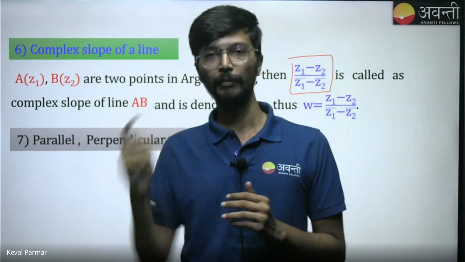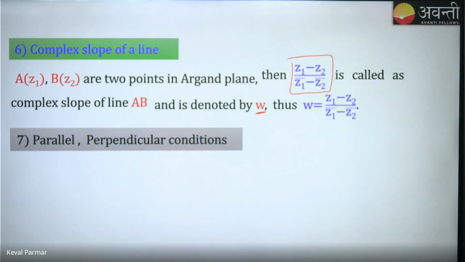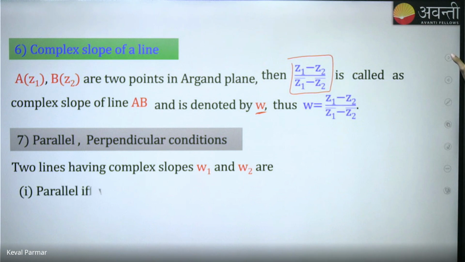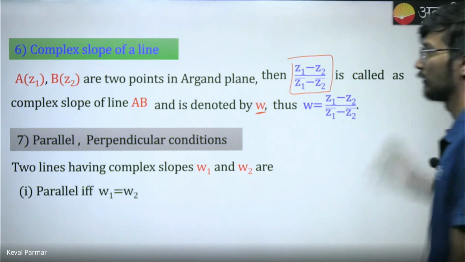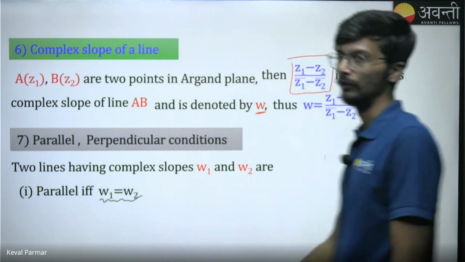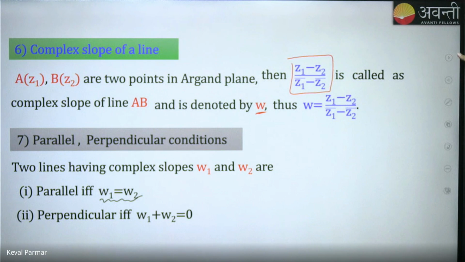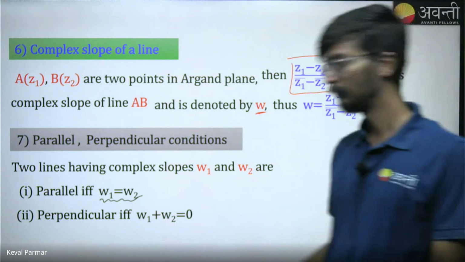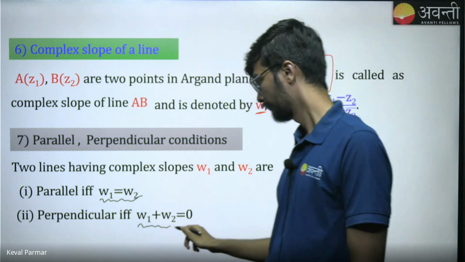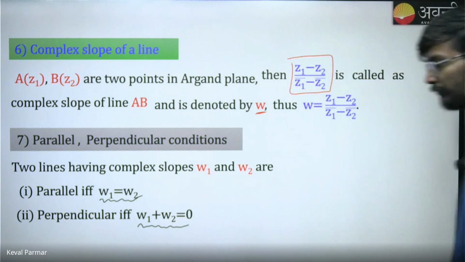And if two lines are perpendicular, the product of slopes is -1. But please make sure the same is not true here. You will see it for yourself. If two lines are parallel, then both slopes are the same, that is W1 equals W2. But if two lines are perpendicular, then we have W1 plus W2 equals 0. Correct? Please make sure to remember this.